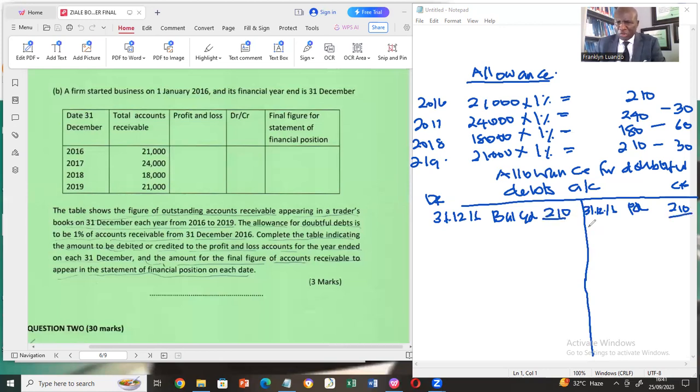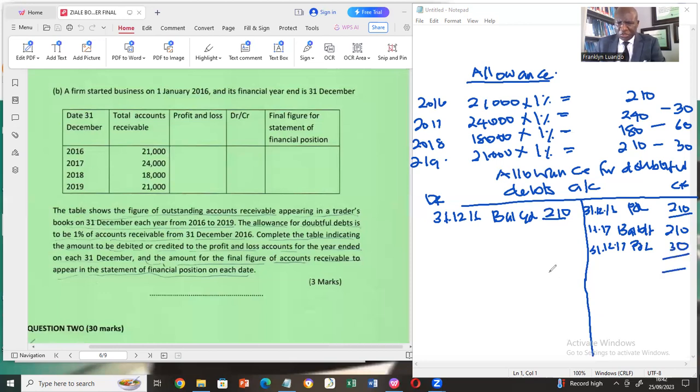In the following year, which will be 1st January 2017, the balance brought forward will be 210. At the end of 31st December 2017, there is an increase. There is an increase of 30 P&L. 30.